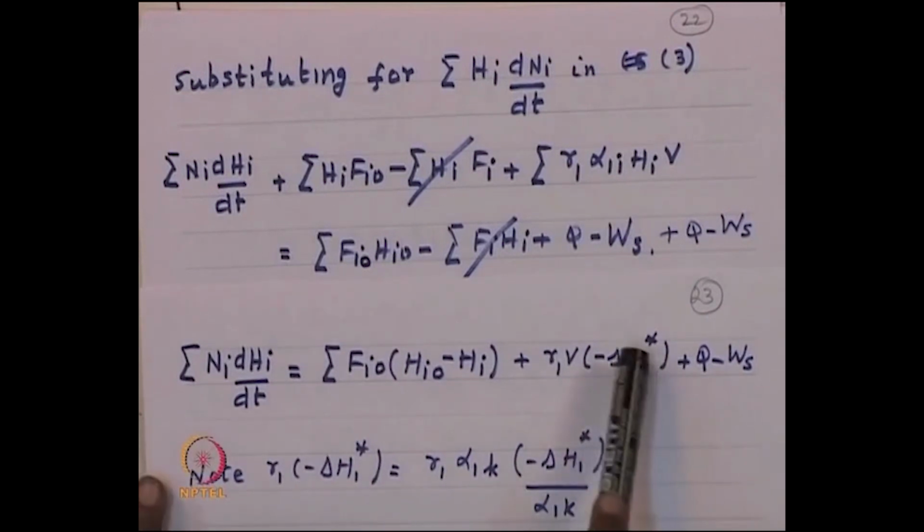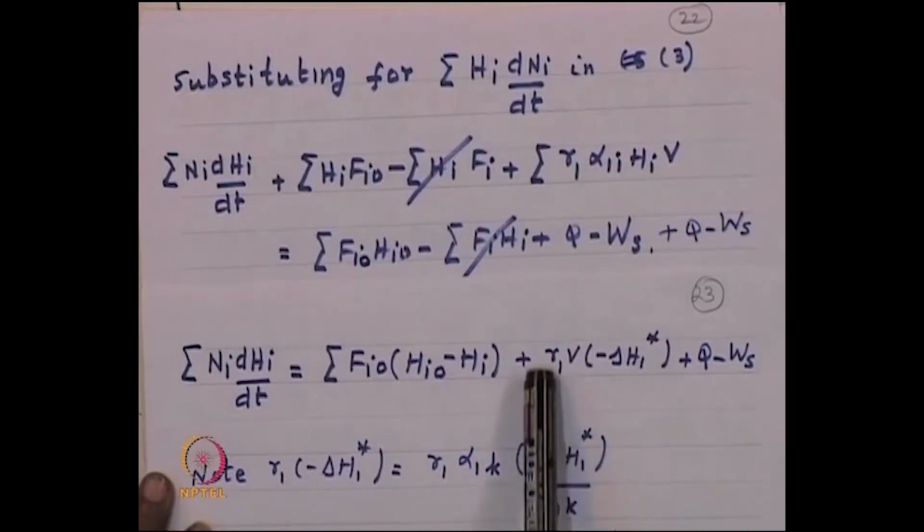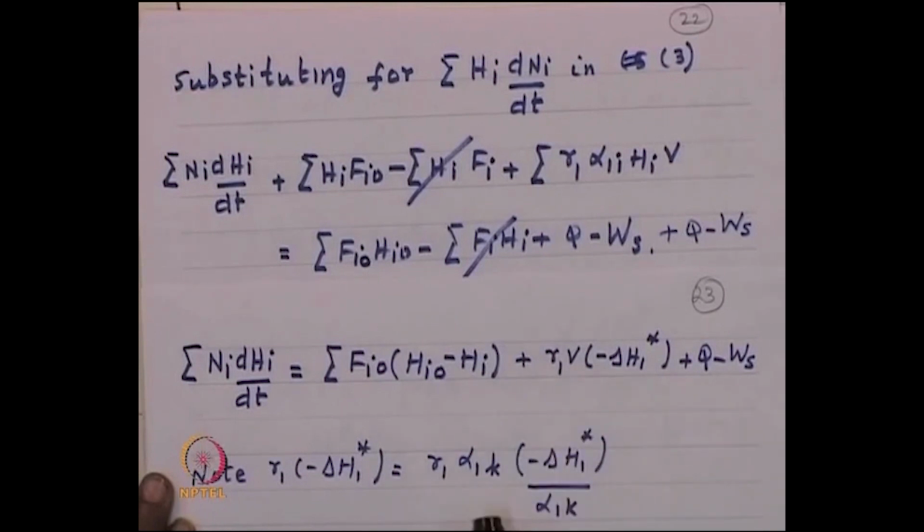So, this term R1 times V times delta H1 star, this is for a single reaction. You can write this R1 in terms of R1 times alpha 1k and divide this by alpha 1k. What does this mean? This is the rate of formation of component k multiplied by the enthalpy change expressed with respect to component k. This is how data is often available.